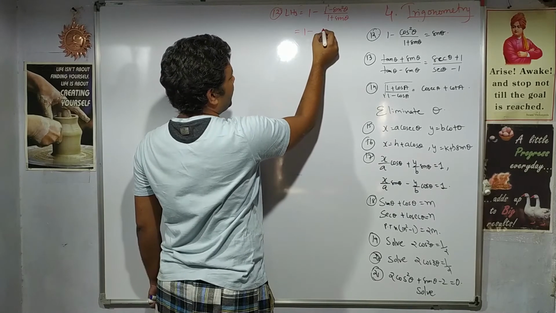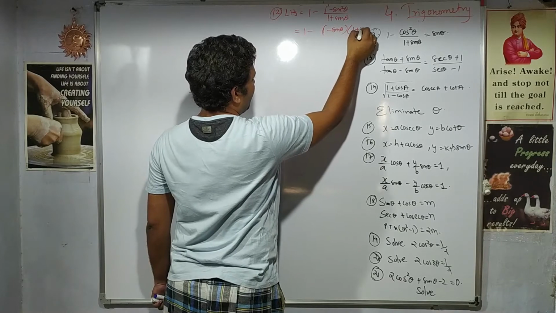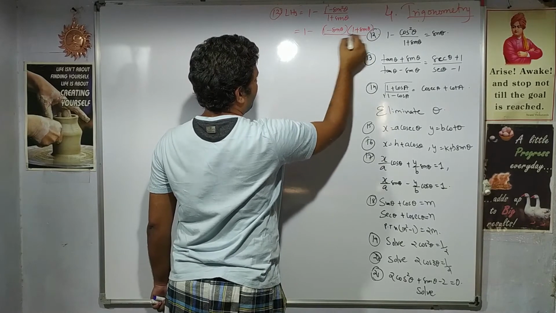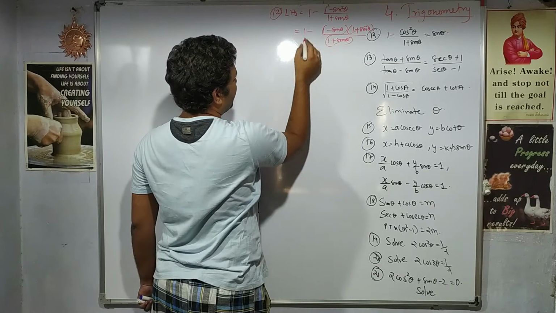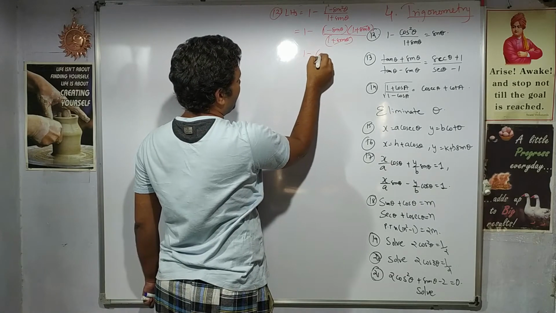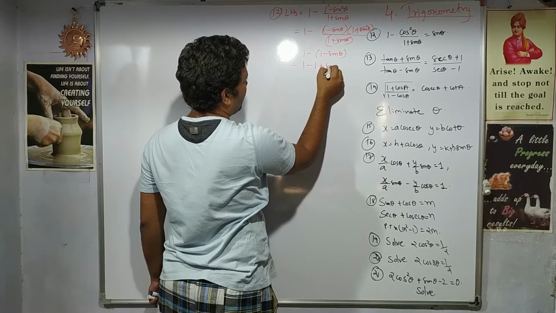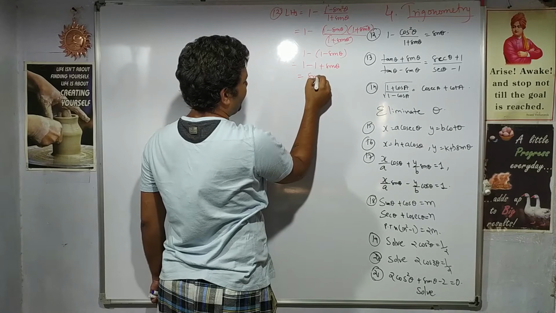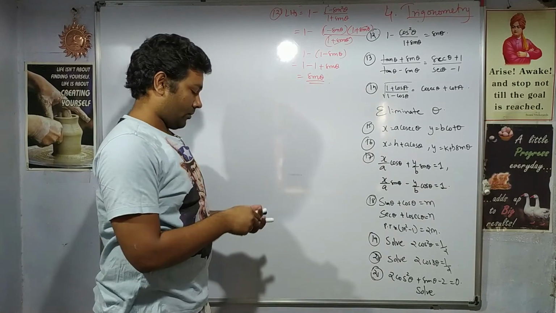So a square minus b square expansion will be a minus b, a plus b, right? Cancelled. If we now multiply, we open the brackets, remaining is sin theta. Simple solution to the question.